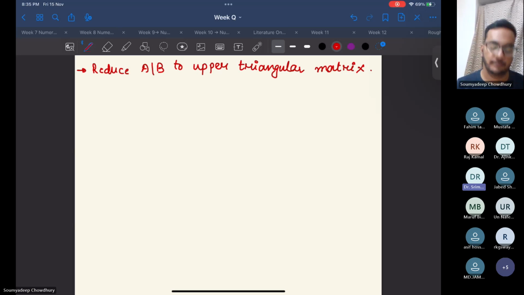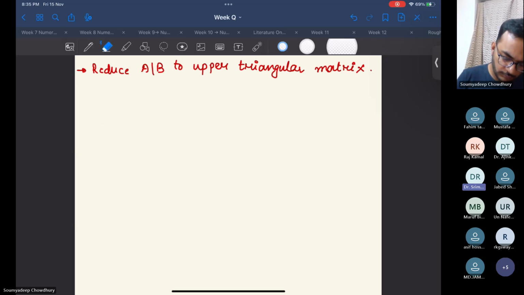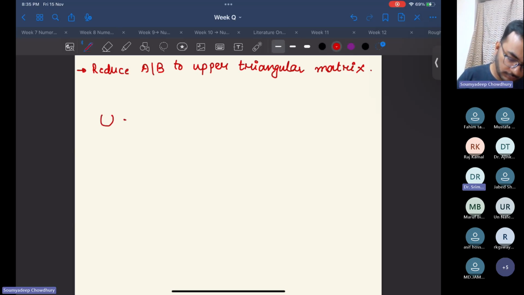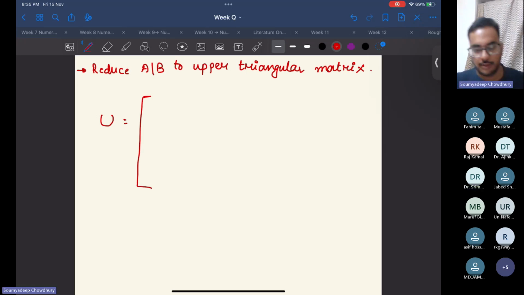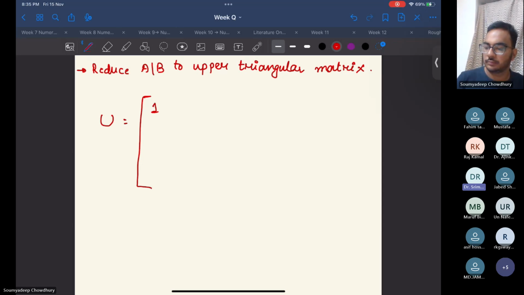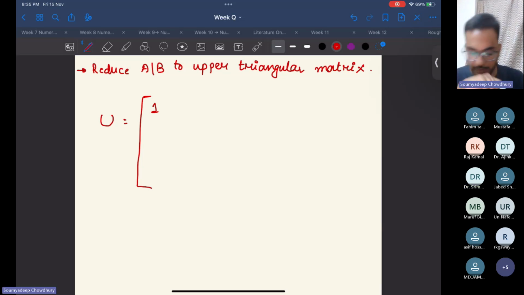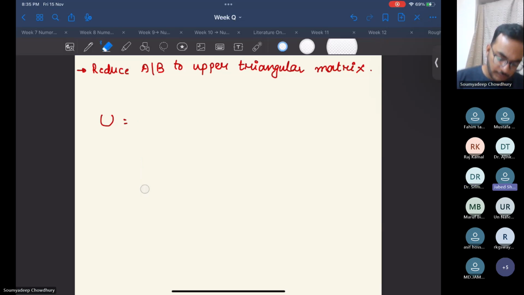So in an upper triangular matrix, all the off diagonal elements below the diagonal are zero. Yes, correct. And in a lower triangular matrix, it's the opposite: all the non-diagonal elements above the diagonal are zero. Yes, correct. They have been missing the diagonal word. Okay, fine.